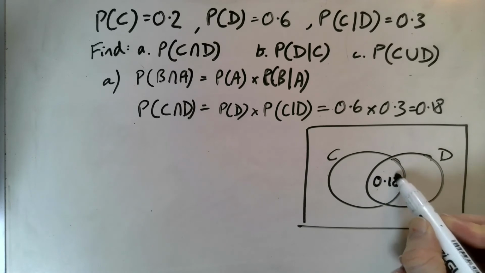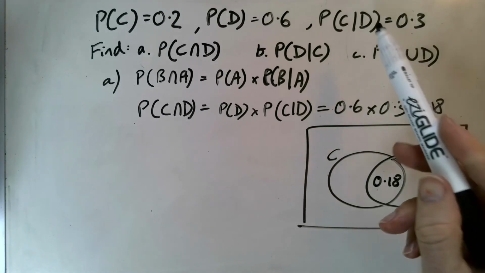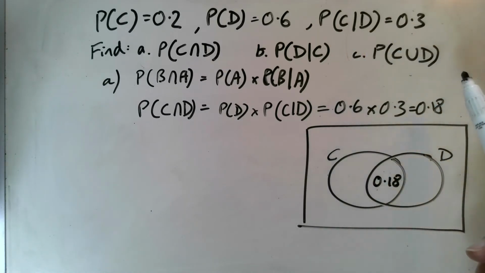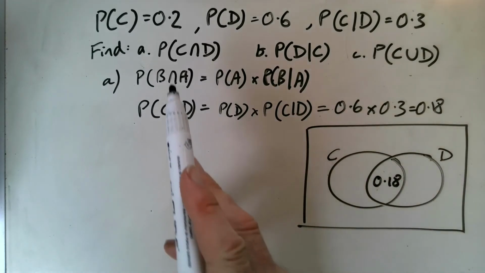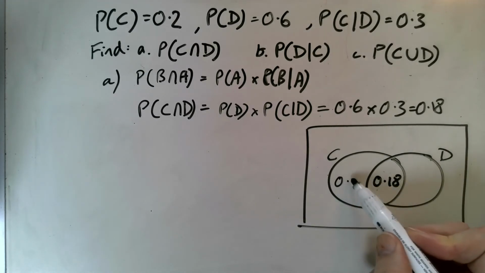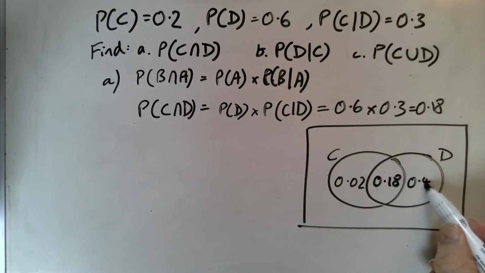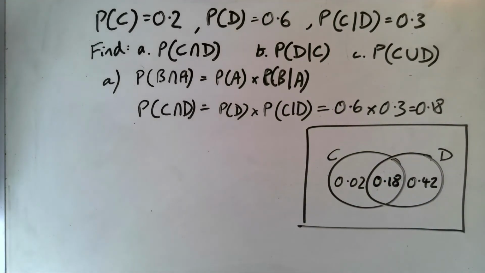So I've worked out what's in the middle. That's 0.18. Now that I've done that, I can work out the rest, because if C is 0.2, then that's 0.02, isn't it? If this is 0.6, 0.42 plus 0.18 makes 0.6.